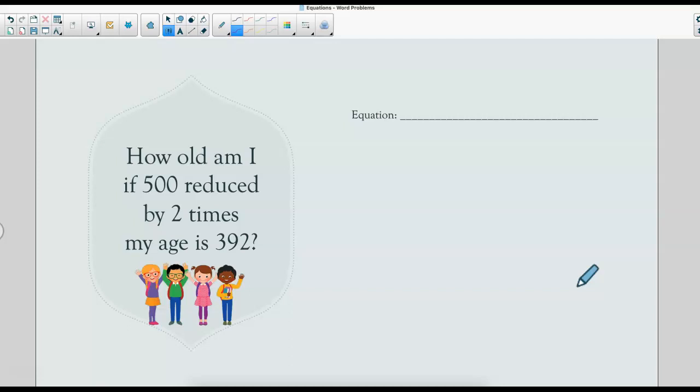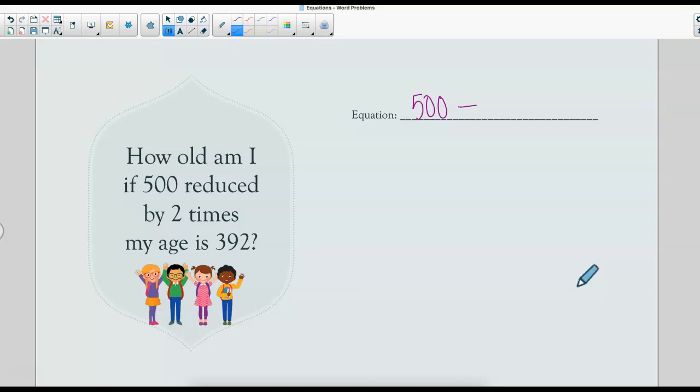Okay, how old am I if 500 reduced by 2 times my age is 392? So this really becomes 500 reduced by means what? Subtracted. When you reduce something, you subtract. So 500 reduced by 2 times my age. 2x.